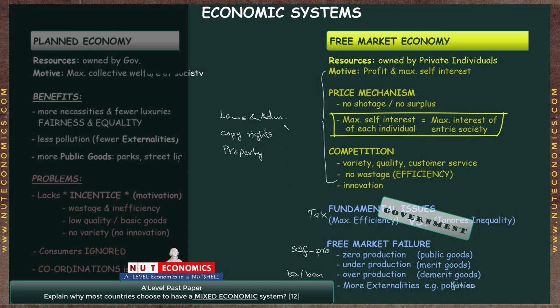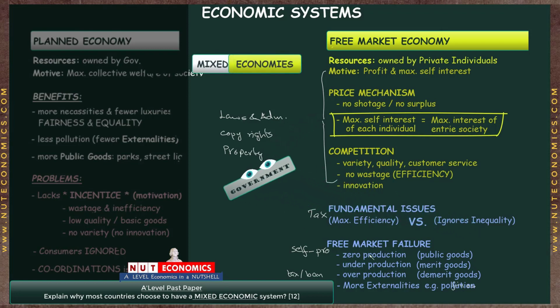So at least you need the government as an overall referee or an umpire, and then you need the government to address these more specific failures of the free market. And that is why we say that most of the modern economies are to some extent mixed economies, predominantly free market systems, but with some form of government interference.